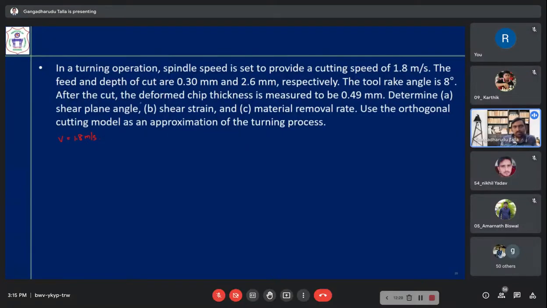The feed and depth of cut are 0.3 and 2.6 mm. So feed, we can represent that with F, is 0.3 mm. And depth of cut, maybe you can use small d, is 2.6 mm.